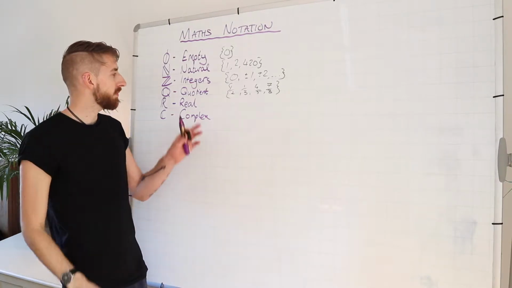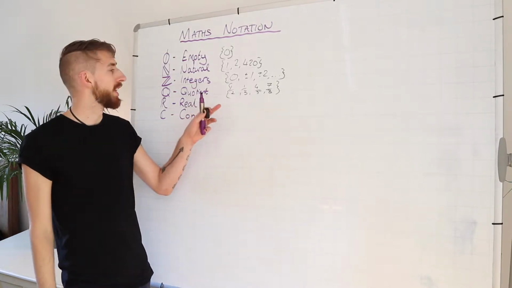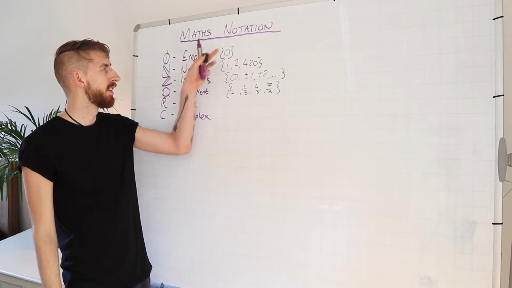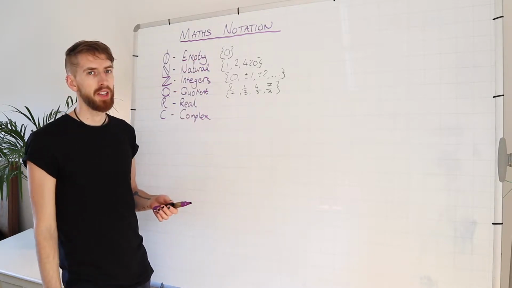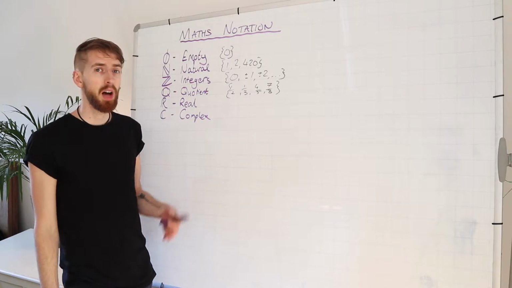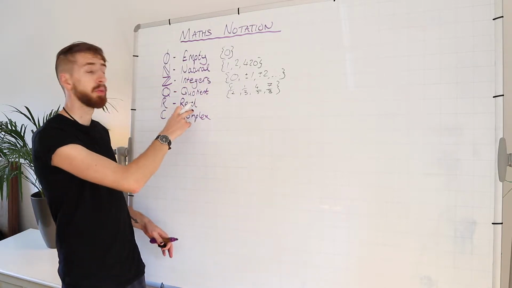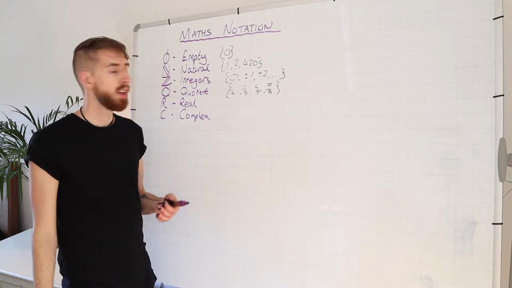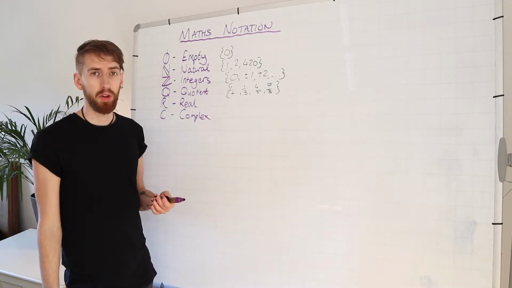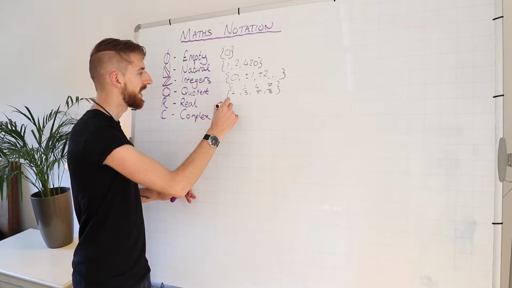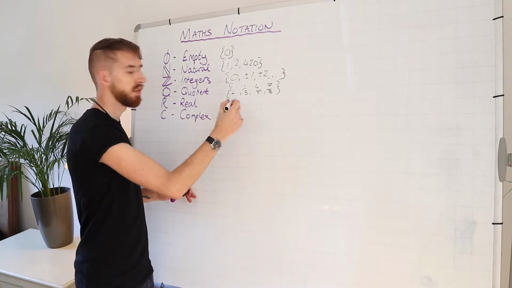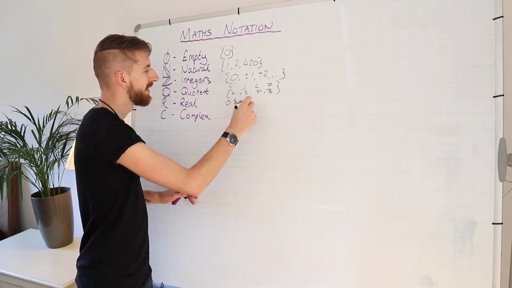Now, what you might have noticed is we don't have any decimals in any of these yet. If you have a number that can't be expressed as a fraction or a whole number, then it has to come into this group called the real numbers. So things like a third as a decimal, 0.33333, that's in here. 0.5 is in here.